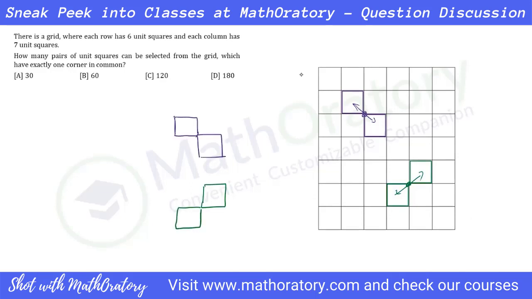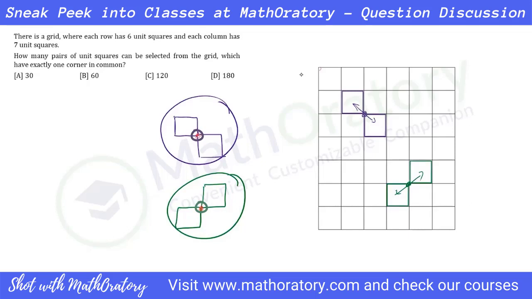Now, there are 2 ways to count this. One is that you figure out how many of these types you have and how many of these types you have, and then add the cases and you get the answer. That is fine. It's absolutely correct, logical. If you think about this, the intersection that we are getting in this case, or in this case, these types of intersections can never occur in the boundaries, right?